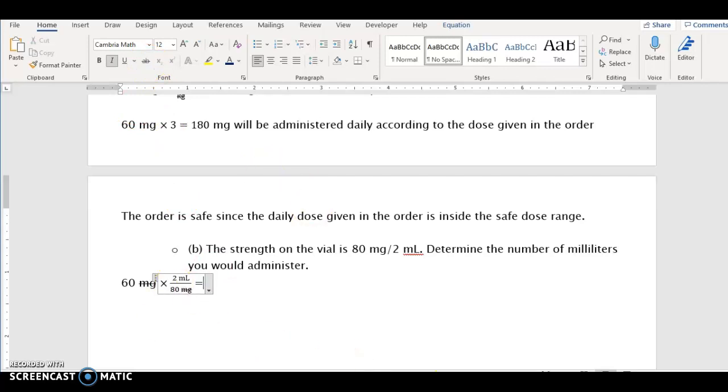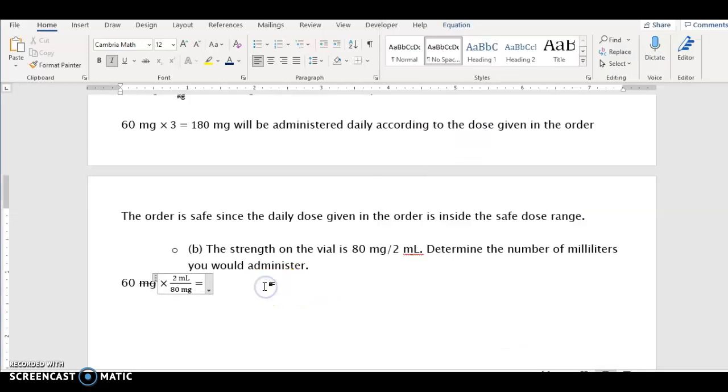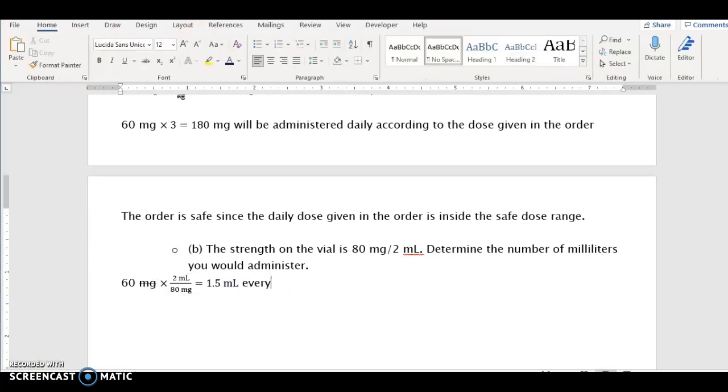Okay, so we have 60 times 2 divided by 80. Okay, and we get 1.5 milliliters. Okay, so that would be 1.5 milliliters every 8 hours.